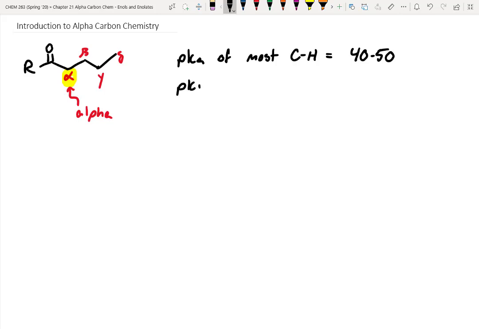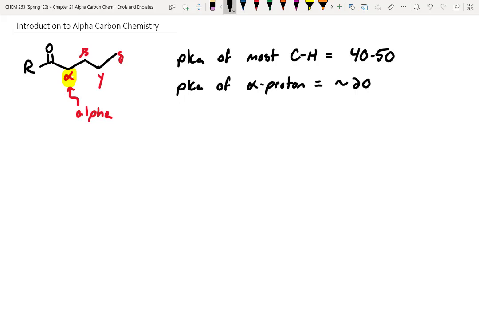However, the pKa of an alpha proton is going to be much lower. Typically it's around 20, but sometimes it's even all the way down to about 9 or 10. The reason for that is that if we pluck off one of those alpha protons, we run into a conjugate base that is resonance stabilized.